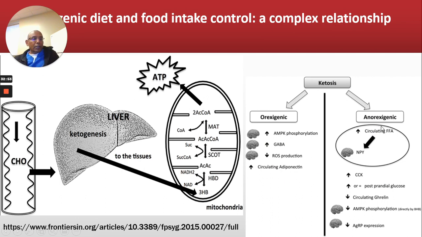And also an anorexigenic process wherein the circulating free fatty acids can cause this anorexia, and the ketosis causes increased CCK and reduced ghrelin presence, and also reduced AMPK phosphorylation. So all these processes are very much needed.